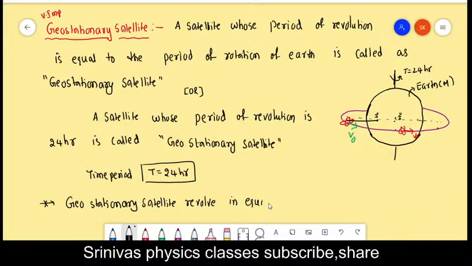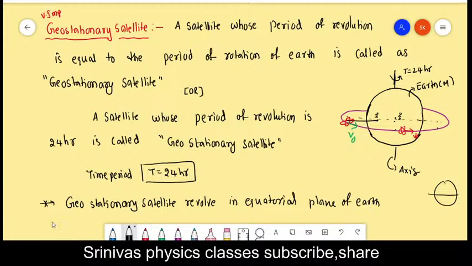For the Earth, if you cut it like this, this is the equatorial plane. In the equatorial plane, it will revolve. This is called the geographical axis. About this axis, the Earth rotates. A geostationary satellite revolves in the equatorial plane of Earth.